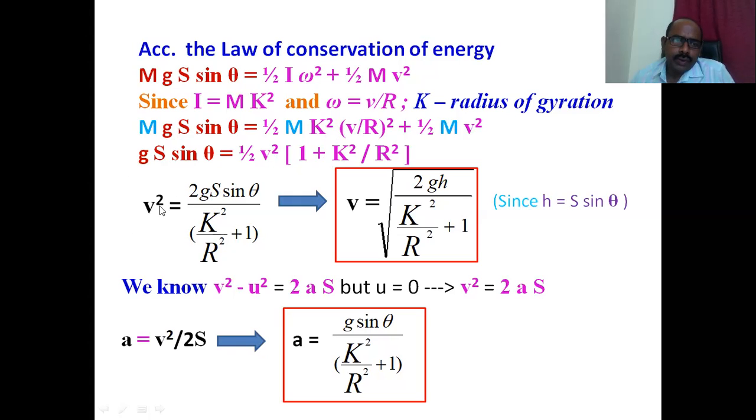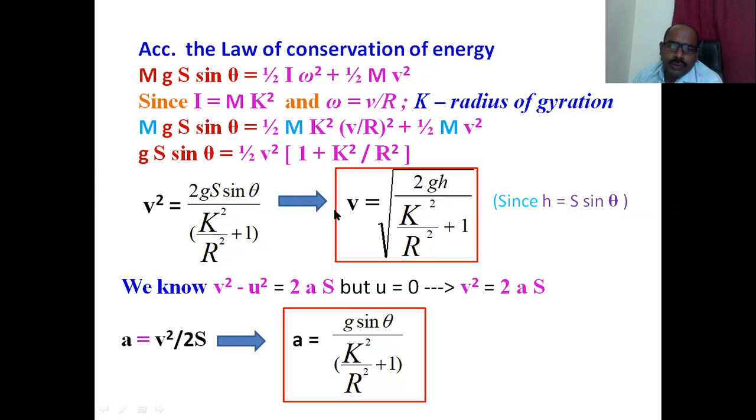Therefore v square is equal to 2gs sin theta divided by 1 plus k square by r square. By taking the square root on both sides, v is equal to the square root of 2gh divided by 1 plus k square by r square. Here h is written because s sin theta is equal to h, as we have seen in the first equation in the above slide.